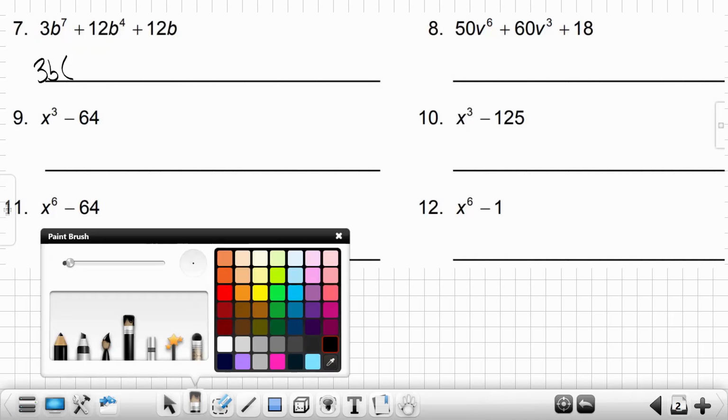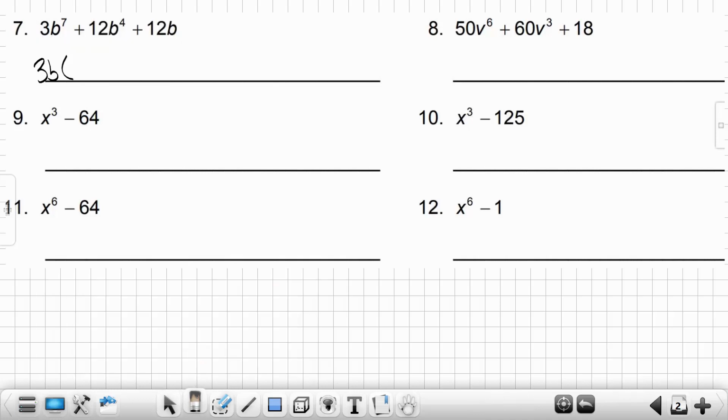No, the 3's gone. B to the 6th. If I factor 3b out of 12b to the 4th, what would I have? 4b cubed. Mm-hmm. And if I take 3b out of 12b, what do I have left? 4.